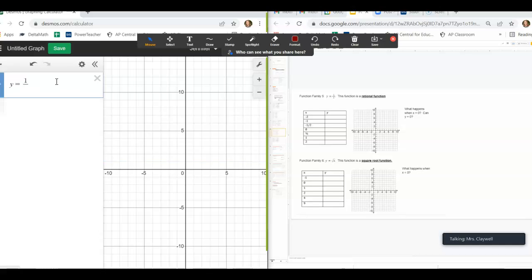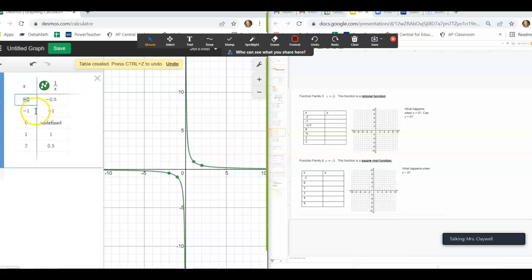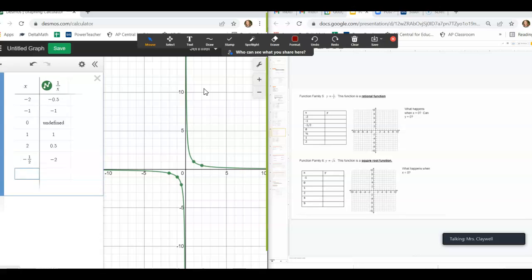Then I have a rational function, which looks like this. If I go to my table values, I'm going to do these. I'm also going to add -1/2 and +1/2.